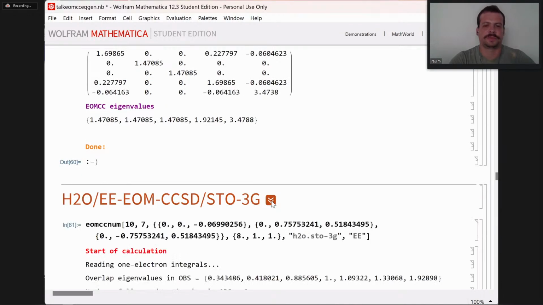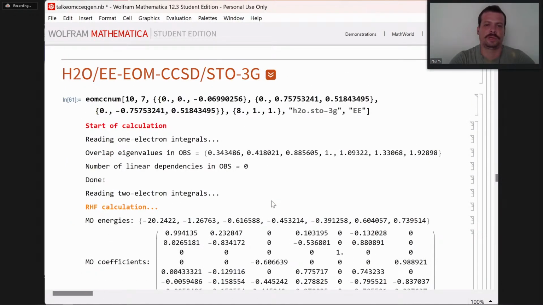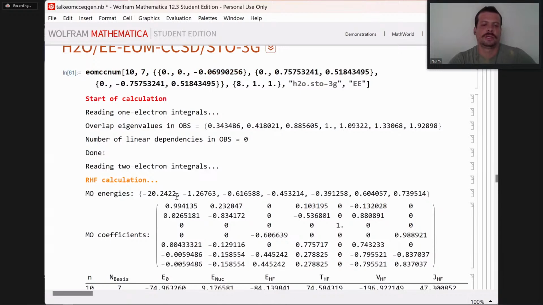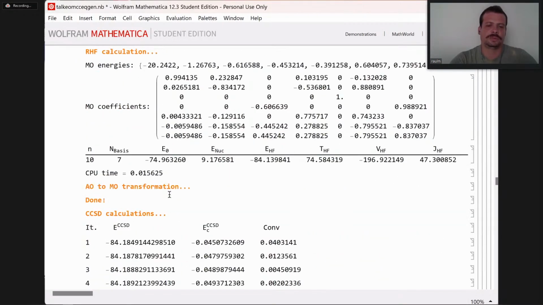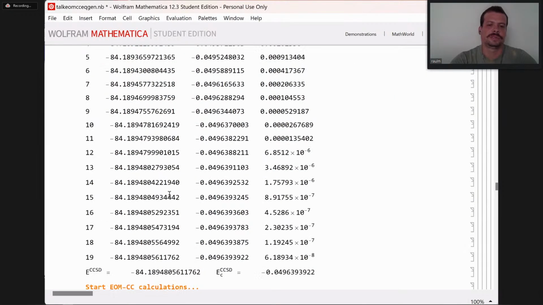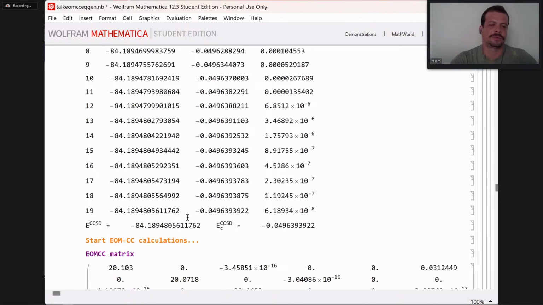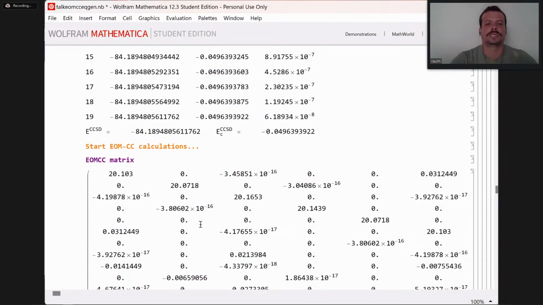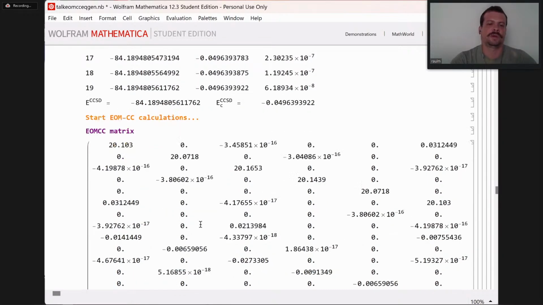So yeah, I have a more complicated example that is the water molecule. Here the input is a little bit bigger, because I need to define the coordinates. So again, I obtain with Hartree-Fock the molecular orbital energies. And then it takes more time for this iteration to obtain the ground state energy of coupled cluster singles and doubles. And look, this is the matrix of equation of motion.